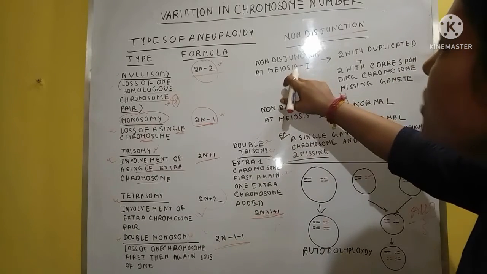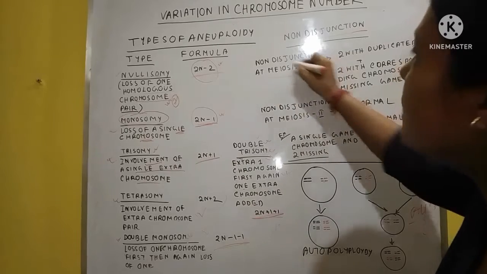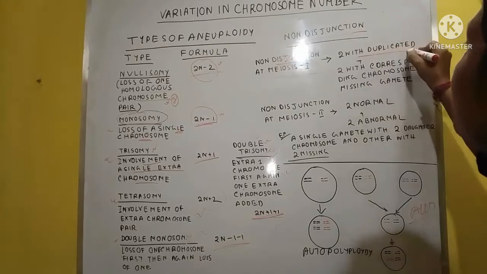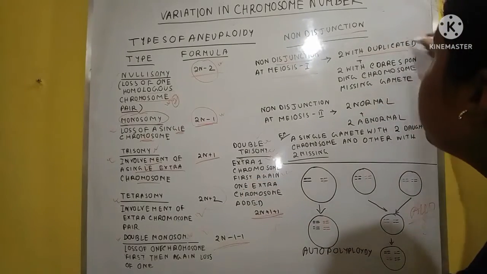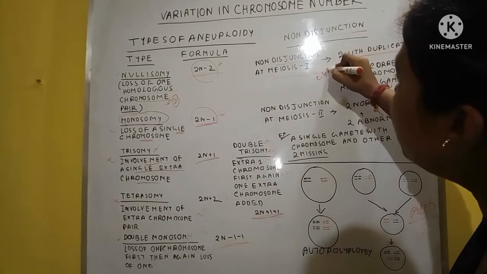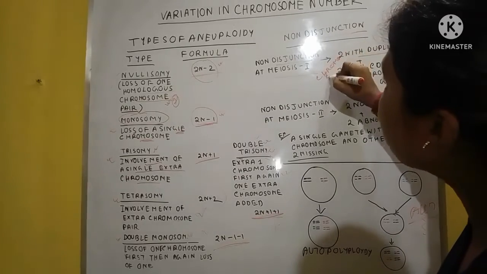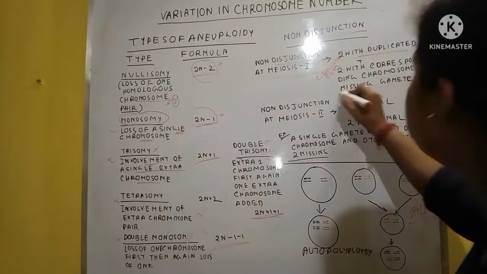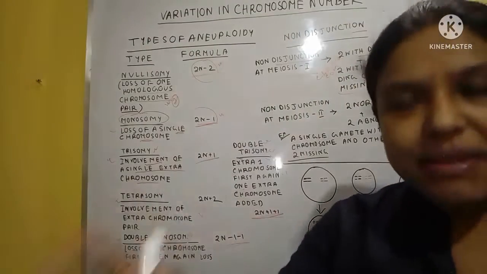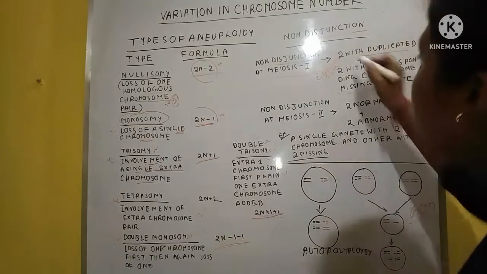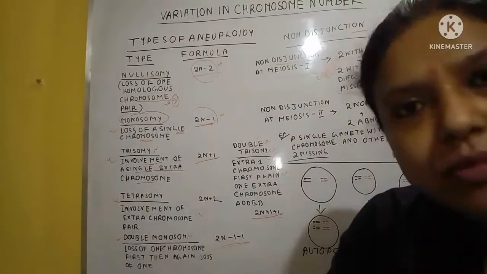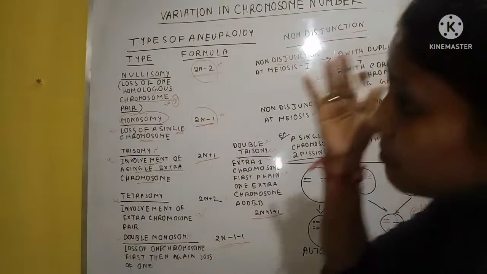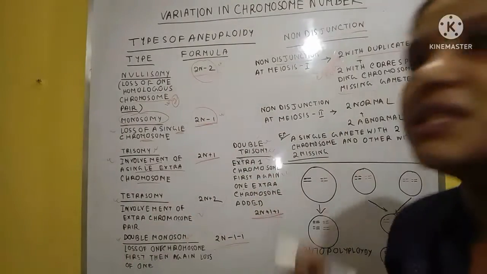If non-disjunction occurs in meiosis 1, then what happens? Two gametes are formed with the duplicated chromosome, and two with that corresponding chromosome missing.